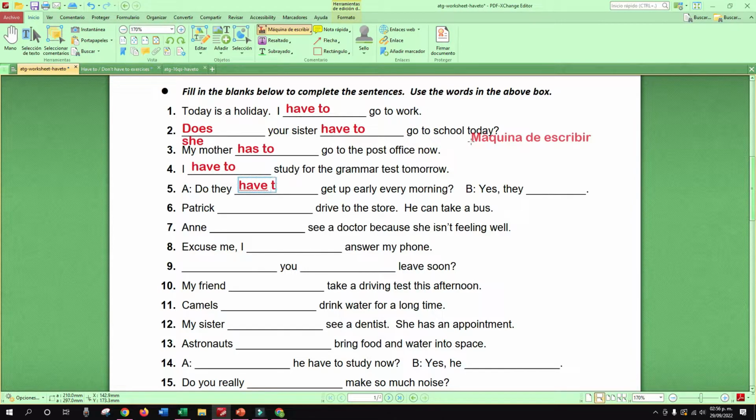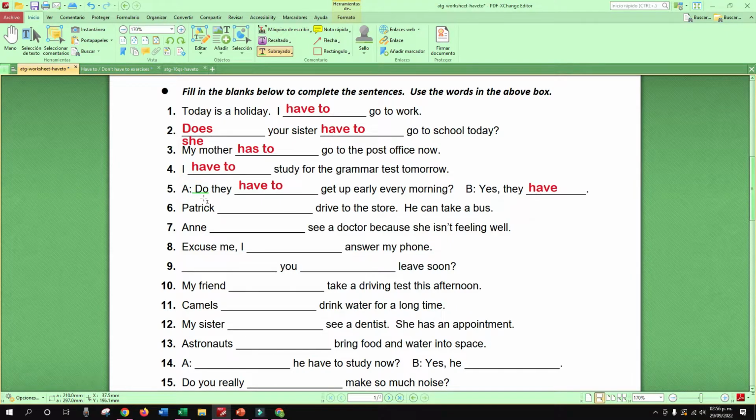Yes, have to, right? Do they have to get up early every morning? Yes, they what? Have? Are you sure? Is it okay? Do. Ah, yes.